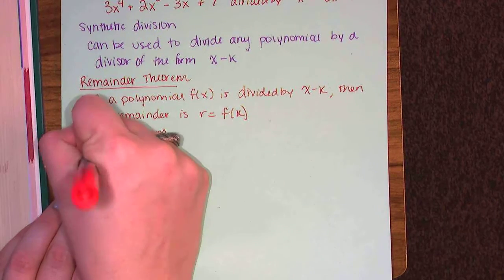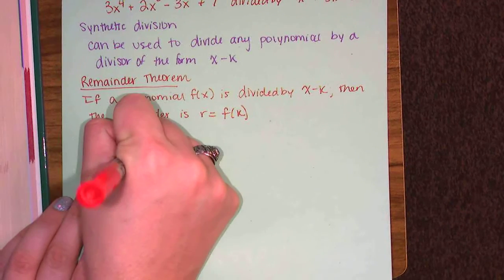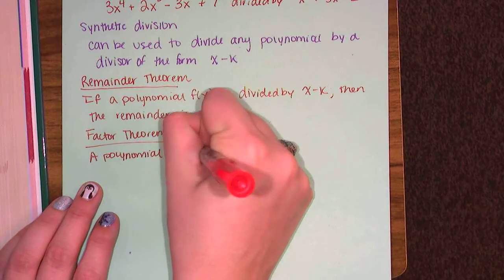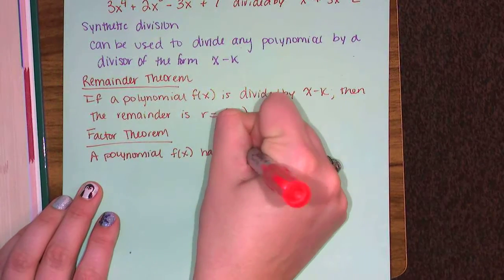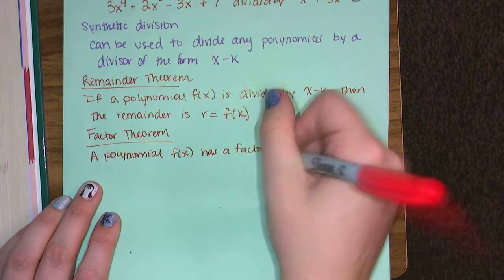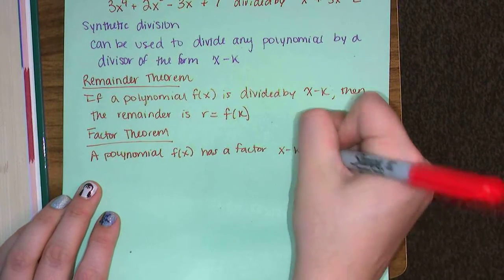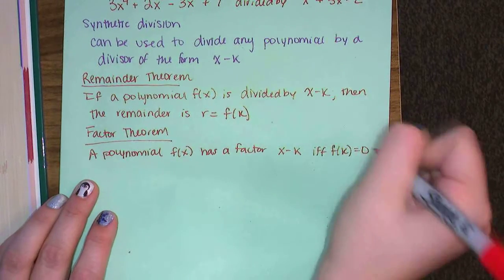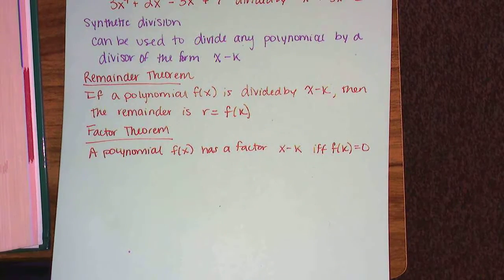A polynomial f of x has a factor x minus k if and only if f of k is equal to 0. So that goes both ways. If and only if.